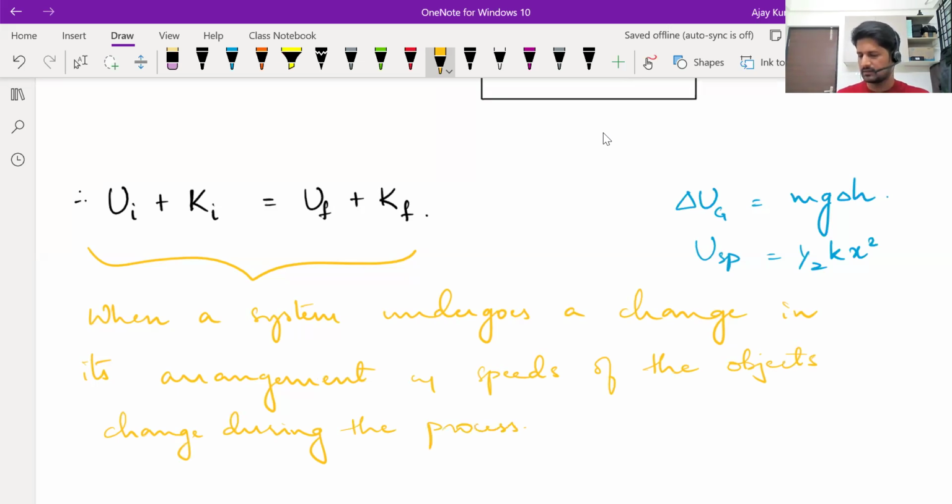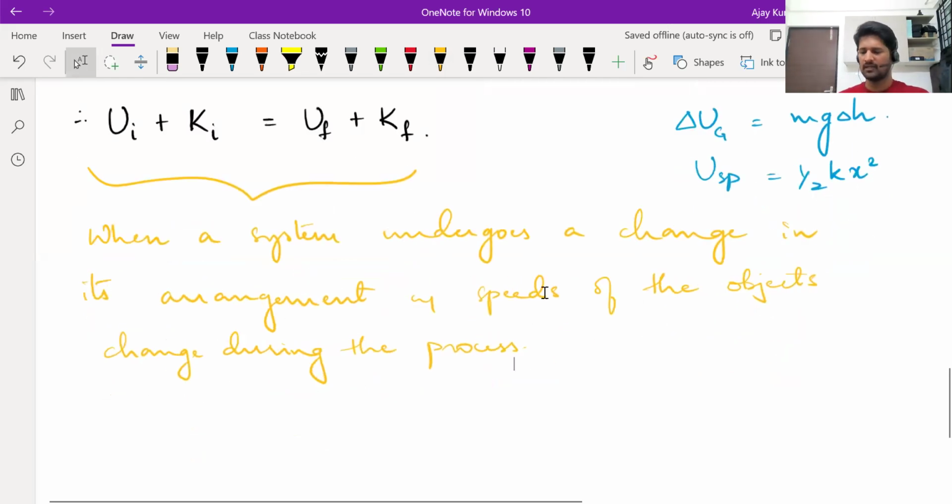In such cases, you can try to apply mechanical energy conservation if you are sure that the total work done is only the work done by conservative forces. Mechanical energy conservation comes with a condition. So this class and over the next few classes, we'll be discussing how to do it and we'll be applying it.